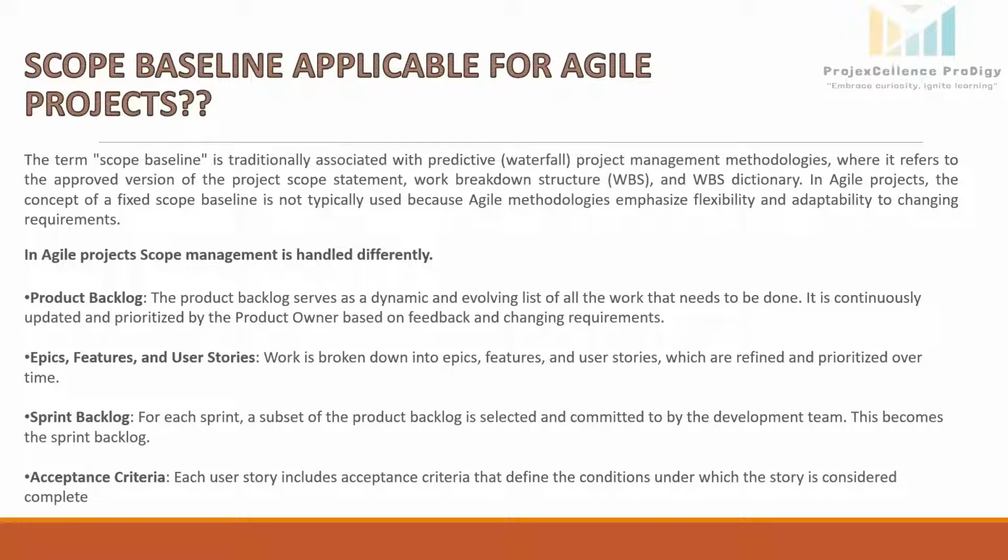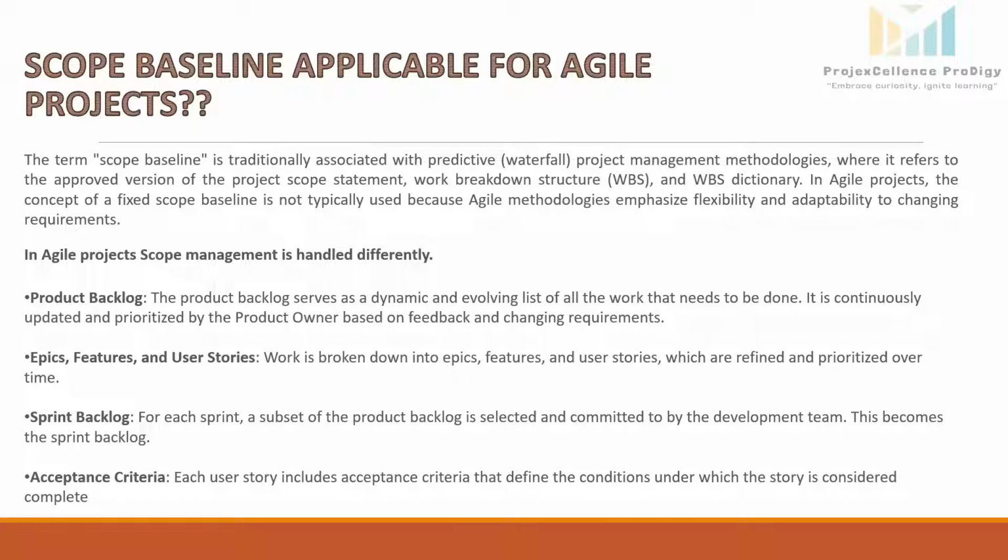These elements together define the fixed scope that guides the project, and any changes must go through a formal change control process. While in agile projects, the concept of a fixed scope baseline is not applicable because agile is built around the idea of flexibility and responding to change.